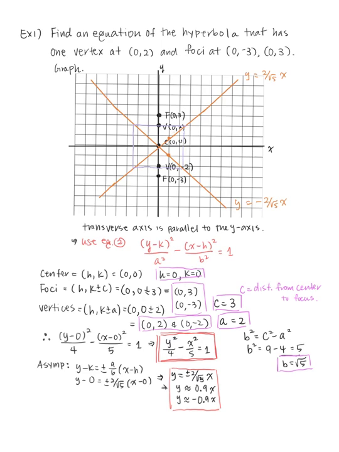Now look at the equation that we have obtained. Underneath the y squared, it's 4. Notice that along the line that's parallel to the y-axis, the distance from here to here is 4, meaning the side of the box that is parallel to the y-axis is 4. Now let's talk about the other side of the box.